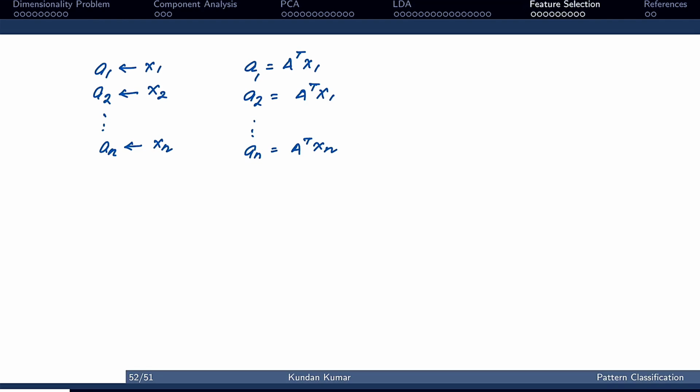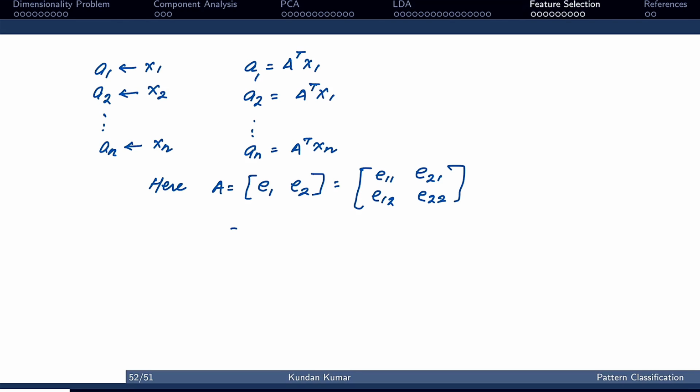Here A is the transformation matrix, which consists of the eigenvectors, or we can write E11, E12, E21, E22.